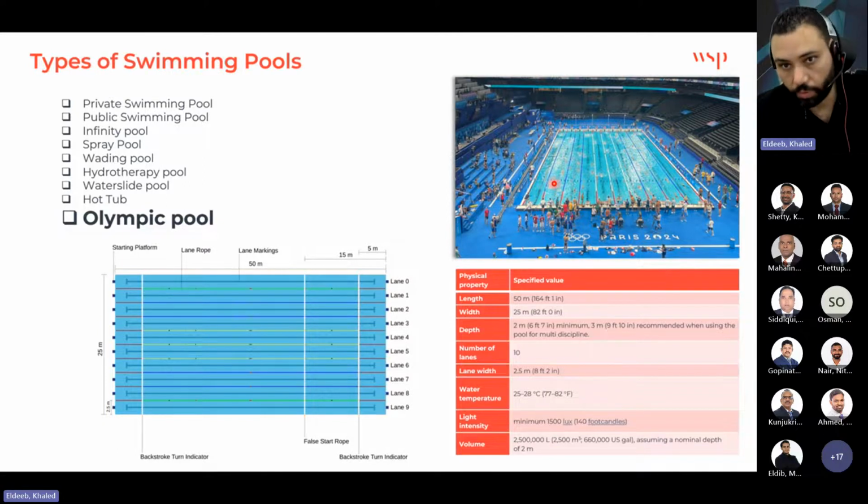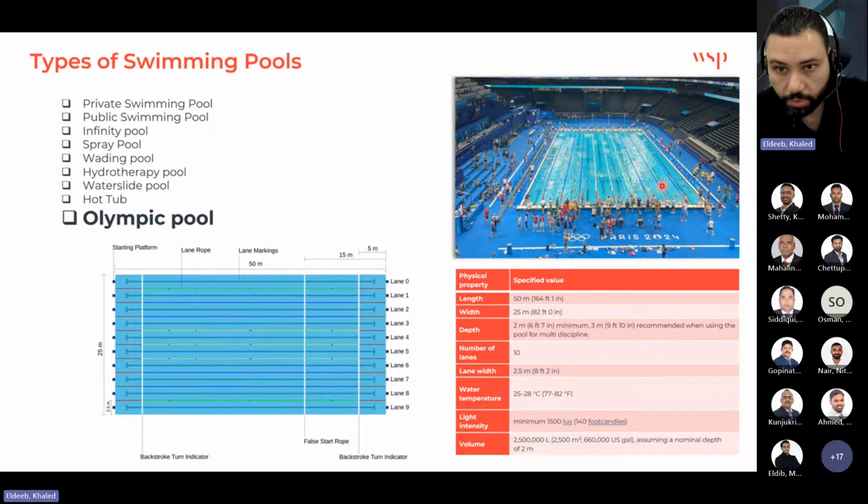You will understand what is overflow, what is a skimmer. But remember this: in an Olympic pool, we cannot use a skimmer. We have to use an overflow system to manage the water displacement and minimize the interference between the waves to avoid disturbing the swimmers in the competitions.